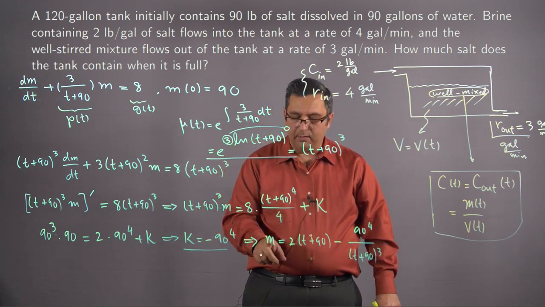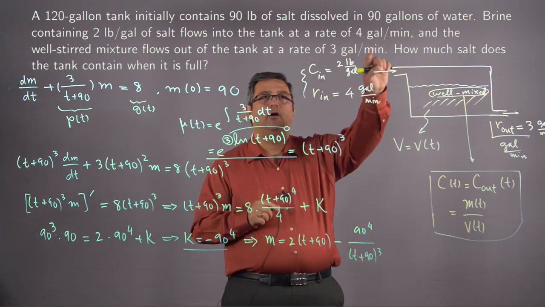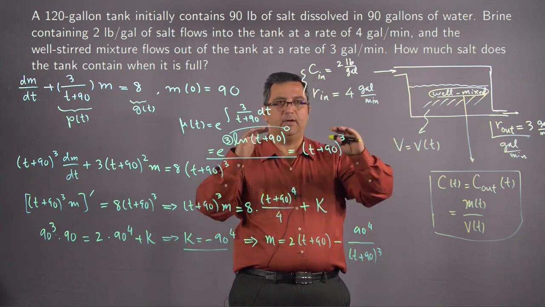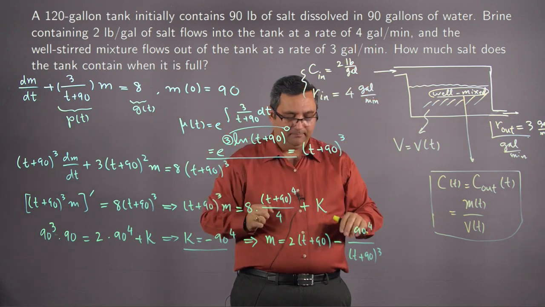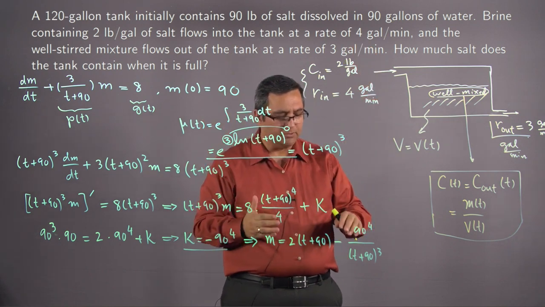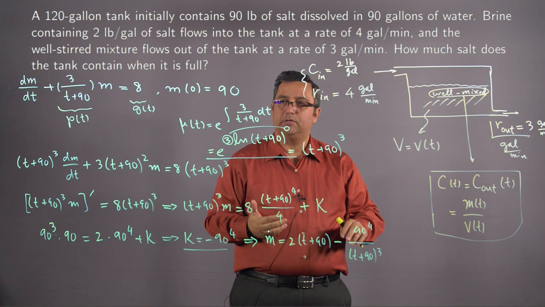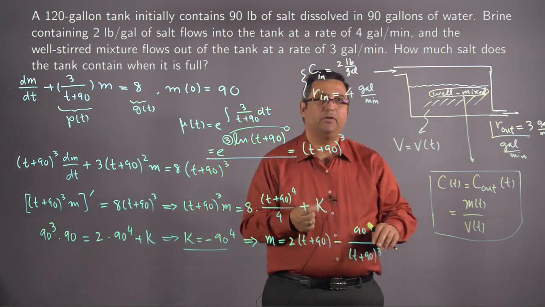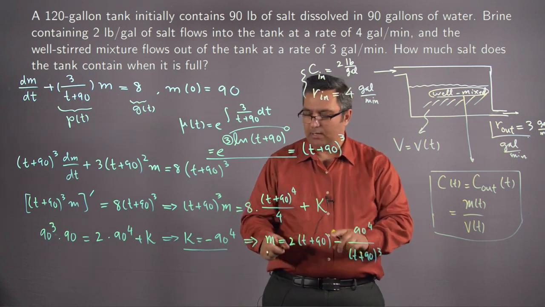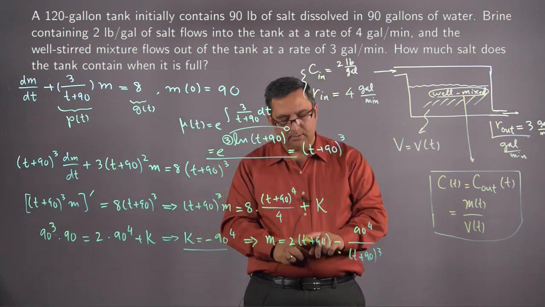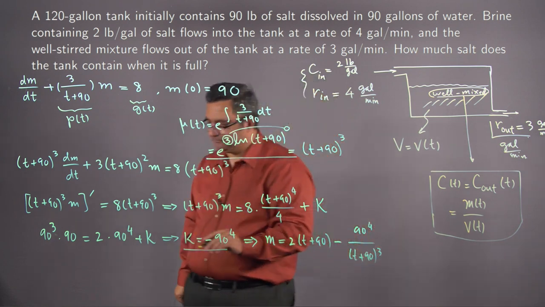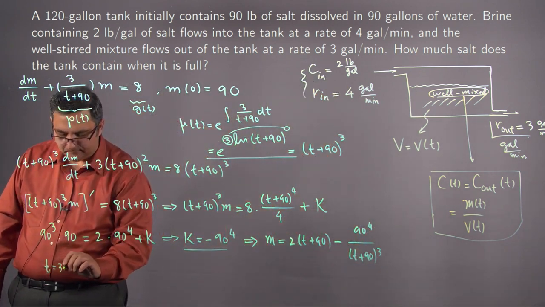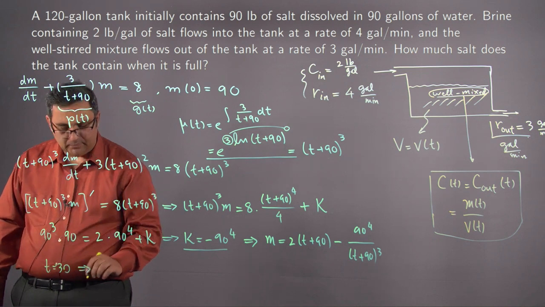Now, we want to know in this problem how much salt the tank contains when it is full. Remember that this tank gradually gets full. Using the fact that V is t plus 90, we realize that it takes 30 minutes to do that. So all I need to do now is to plug in t equals 30. When the tank is full, t is 30 minutes.